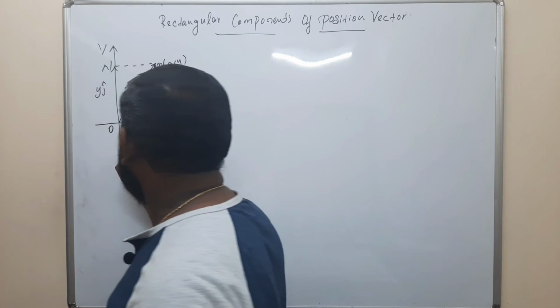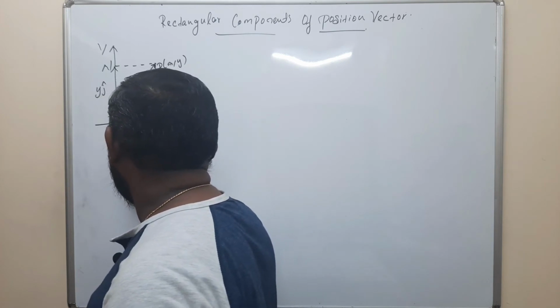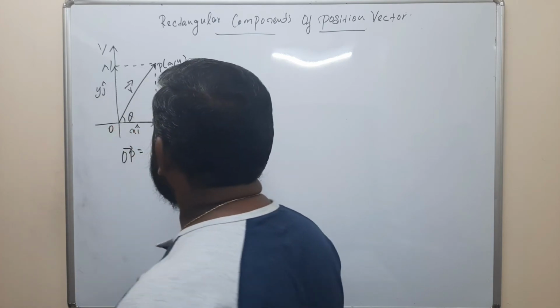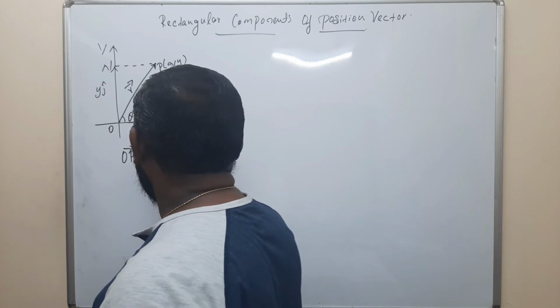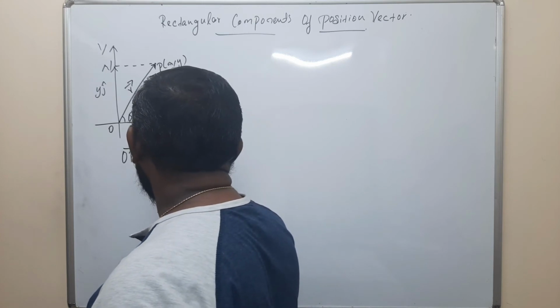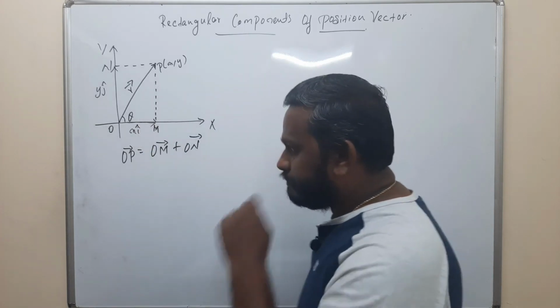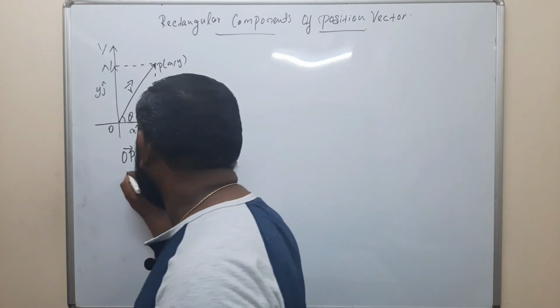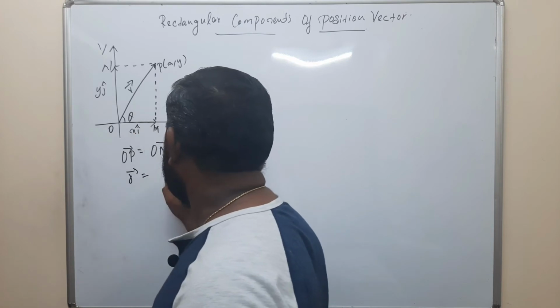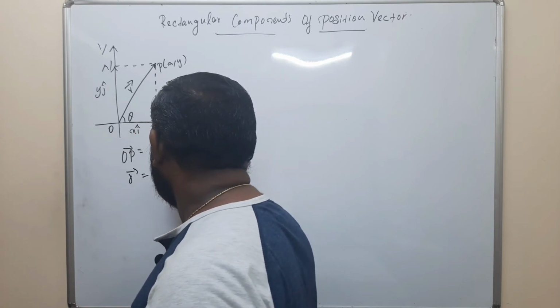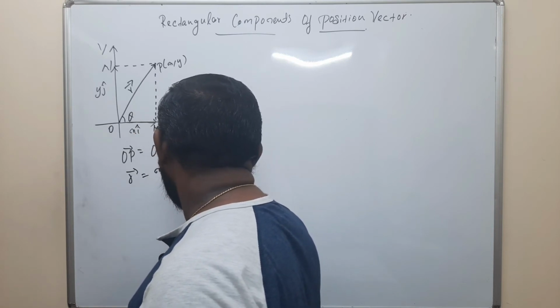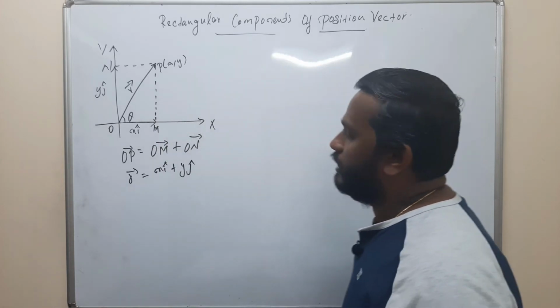So we can write OP vector is equal to OM vector plus ON vector. So OP vector, that is r vector, is equal to x i cap plus y j cap.